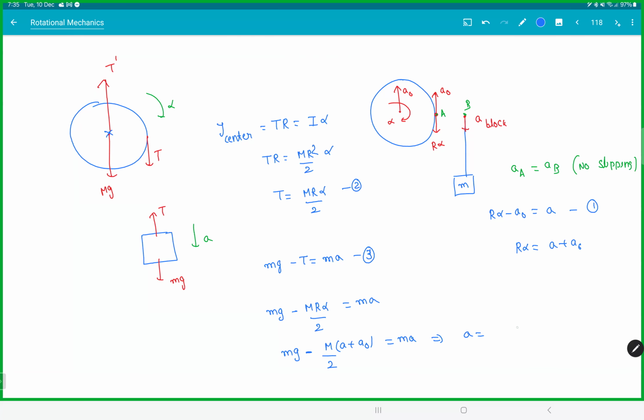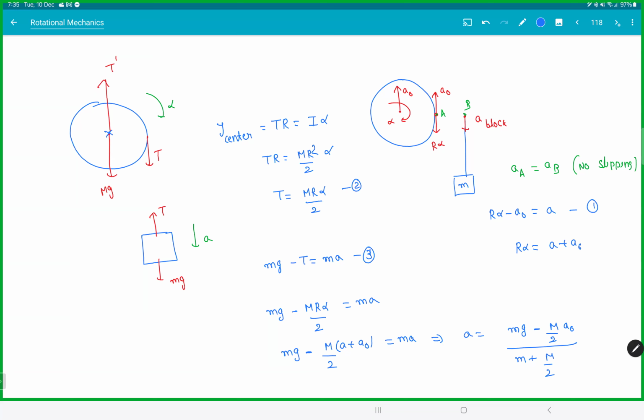So this would be mg minus m by 2 a naught, divided by m plus m by 2. Yeah, that's your answer. Check it out.